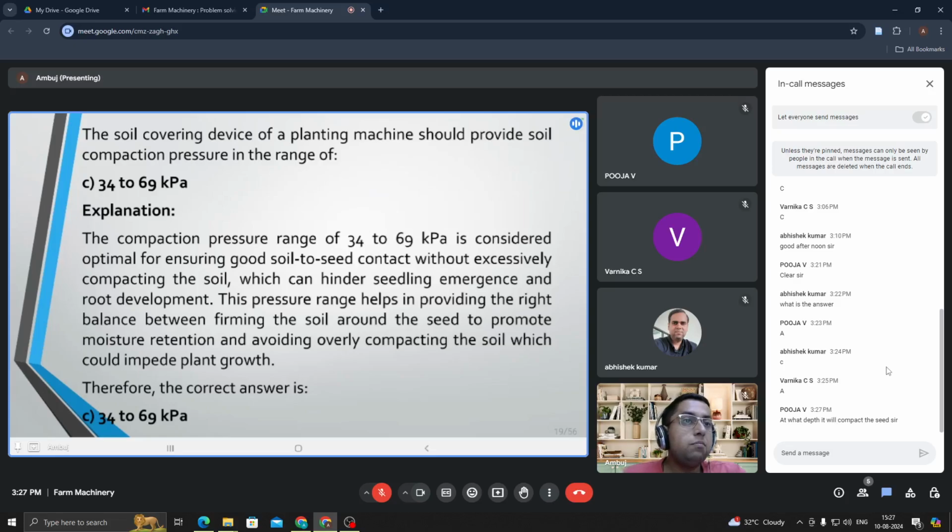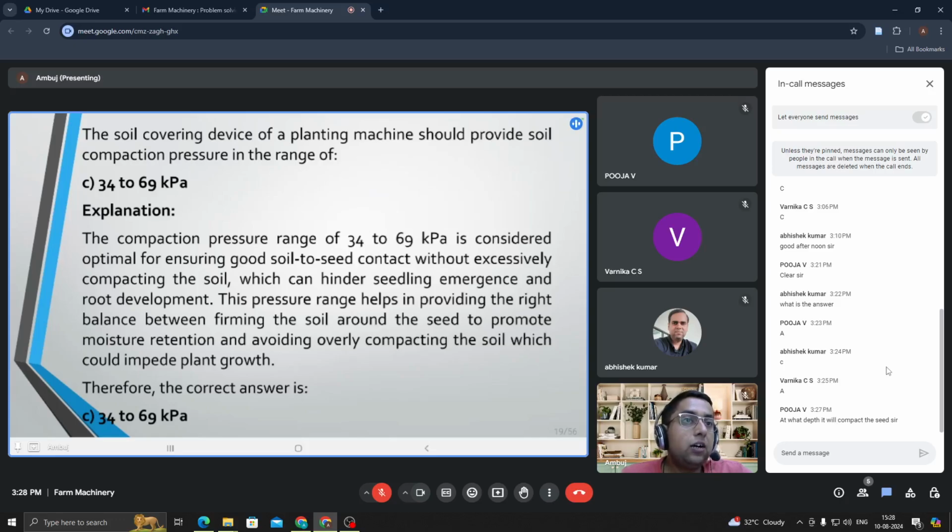In case of a manual planter, when you go for a field visit, you will see that in a manual or mechanical planter there is a lever attached which adjusts the compaction pressure. Generally, if it is not there, then we change the type of the covering device.